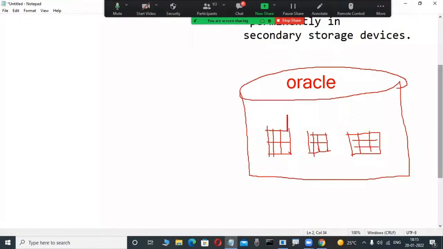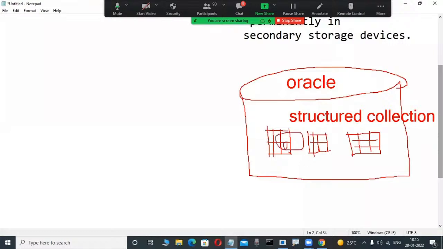All relational databases store a structured collection of data. That is important, not non-structured. For non-structured data, other databases are there. Oracle is one of the popular relational databases.